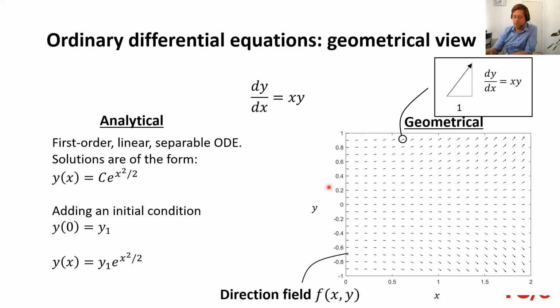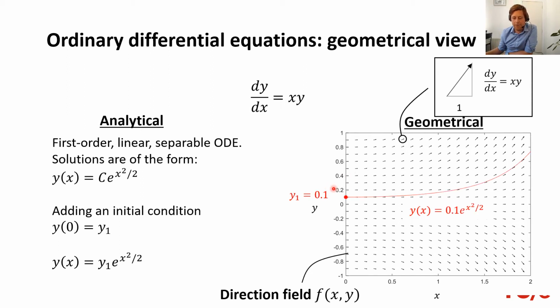Because, for example, if we now specify an initial condition, say y subscript 1 is 0.1, so that is this red point over here, well, then we can basically trace out how this function will behave by simply following the lines of the direction field.